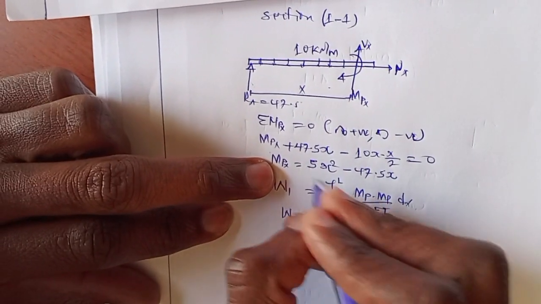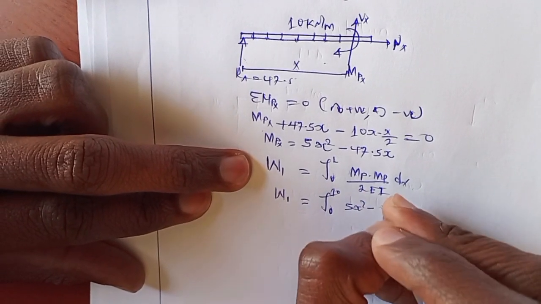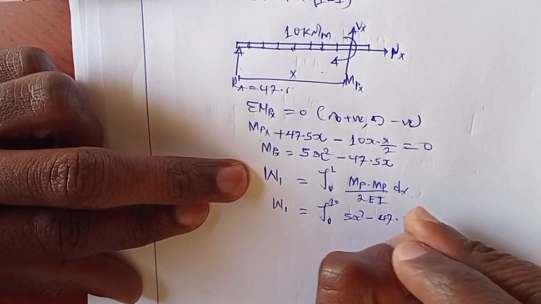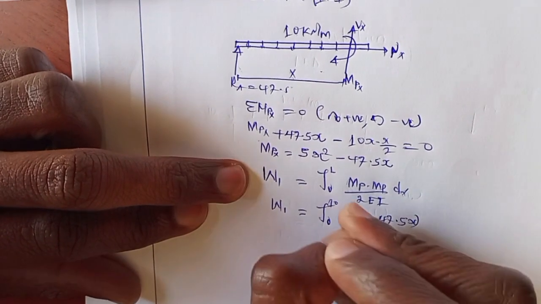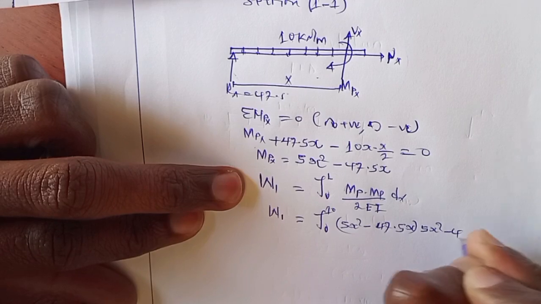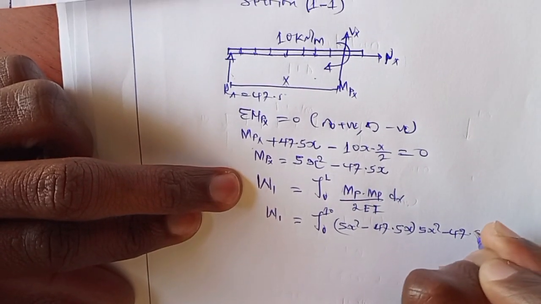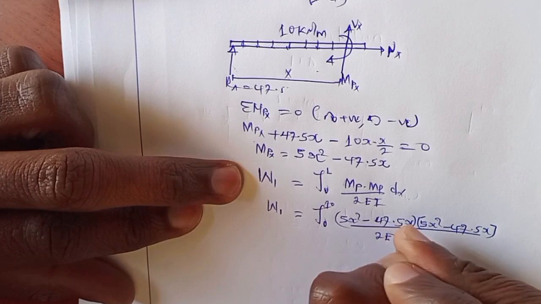Moment due to applied load we have obtained here is 5x squared minus 47.5x times 5x squared minus 47.5x over 2EI.